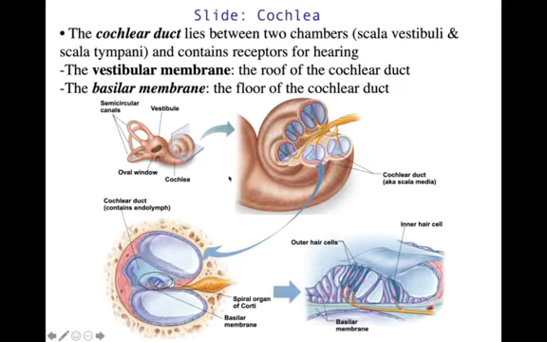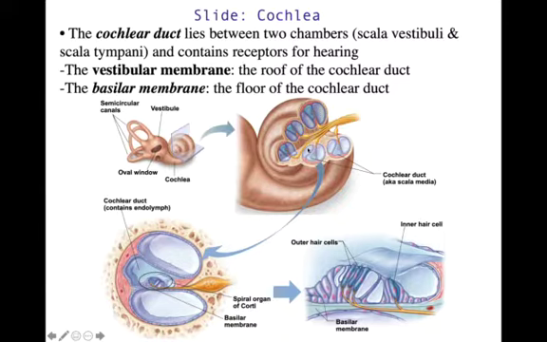If we were to cut through that cochlea, that snail shell right here, you're going to see these groups of three: big chamber, small chamber in the middle, big chamber. Let's focus on one of these groups of three.